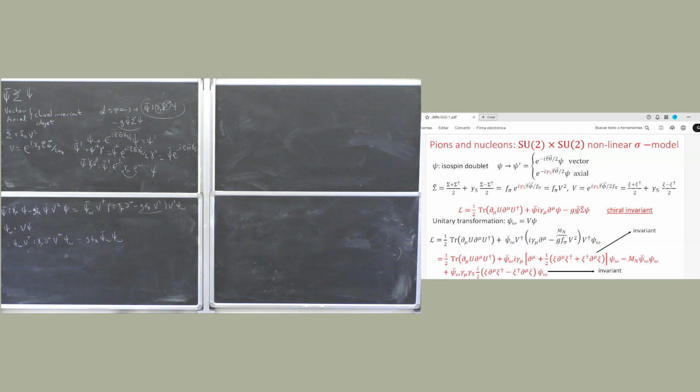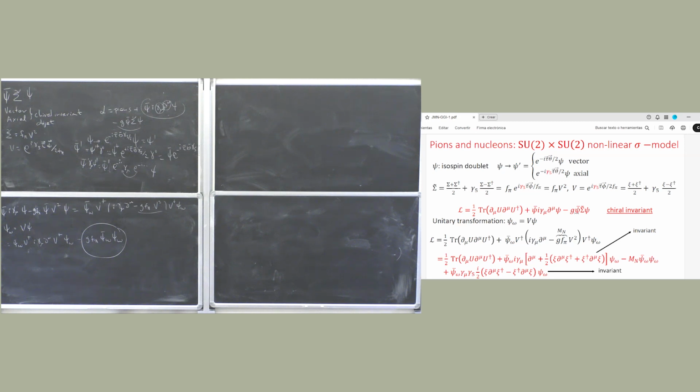Can anyone tell me what this is? It's a mass term for your nucleon, and the mass is proportional to f pi.